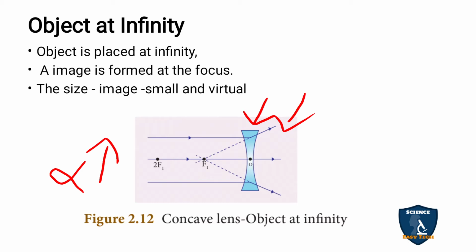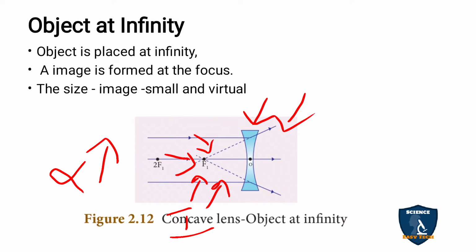By scattering, it brings the image to this side, and you can see the dotted lines on both sides. Due to the scattering, we put dotted lines where the image is formed, at this position on the principal axis, that is, the principal focus.